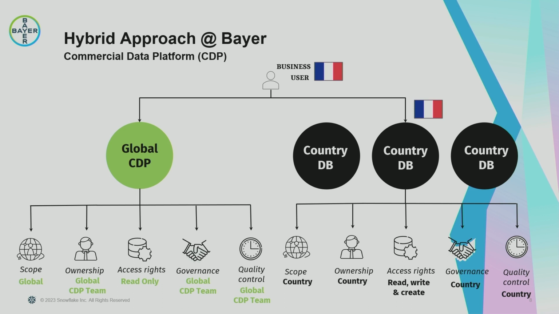Before deciding on that, we talked to the business users and the local markets, asked for their needs and discussed things. The outcome of those discussions was that for most projects, 95% of the data they need is already available globally in the global CDP.